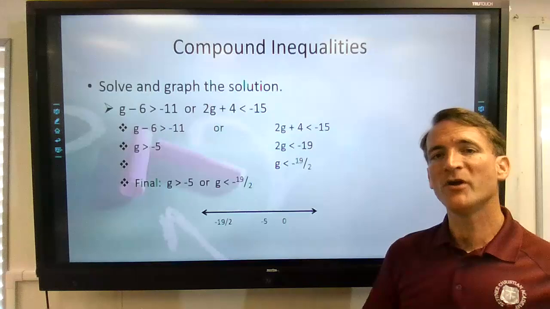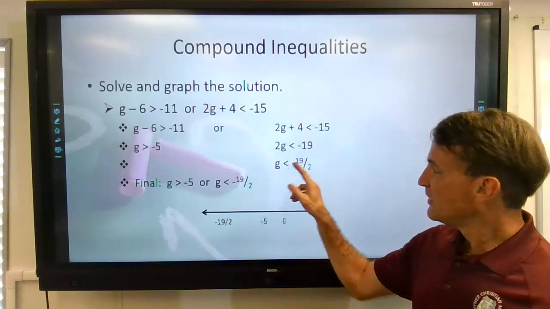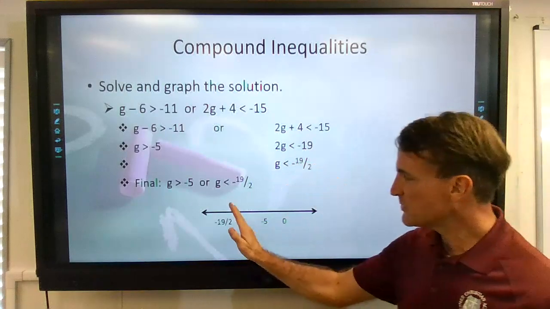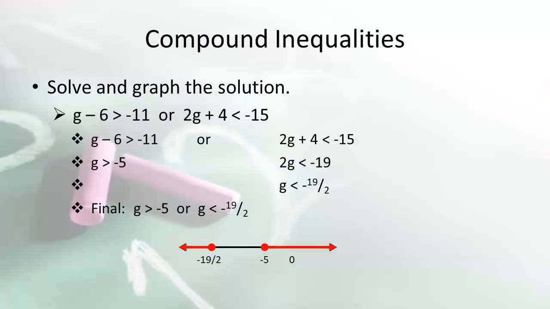Now I need to figure out which pieces need to be graphed. So g is less than negative 19 halves, so that means I'm going more negative on that one. And on my circle on the right, I should be going to the right. Those should be circles, not points. Something happened there with my PowerPoint.